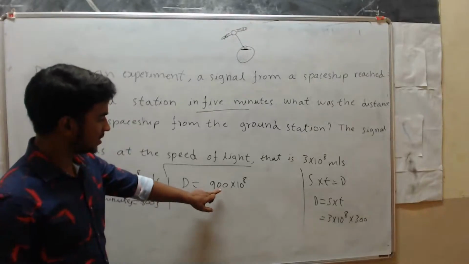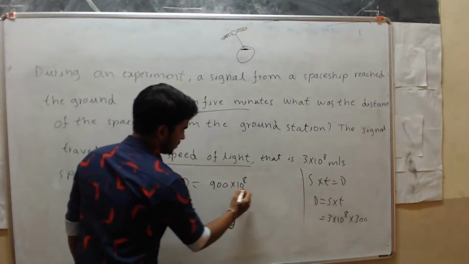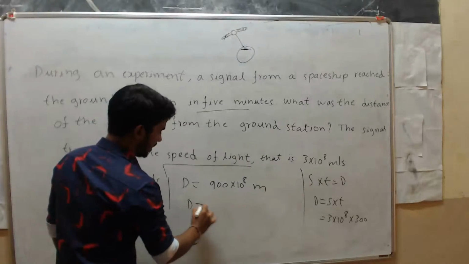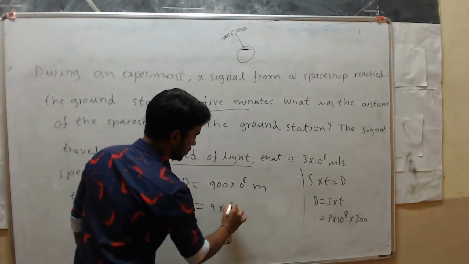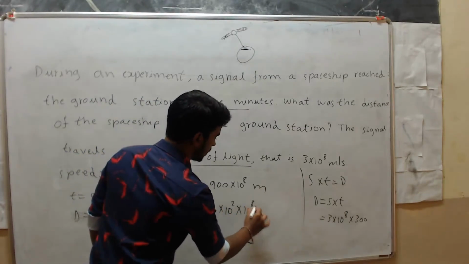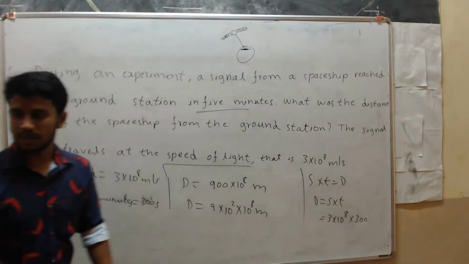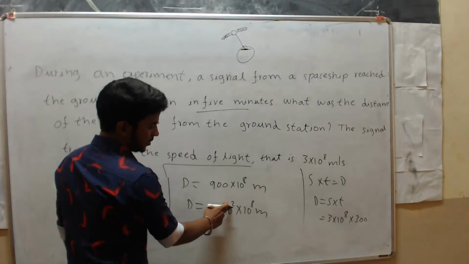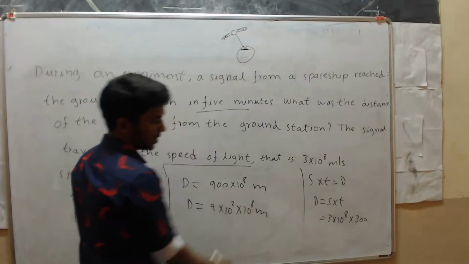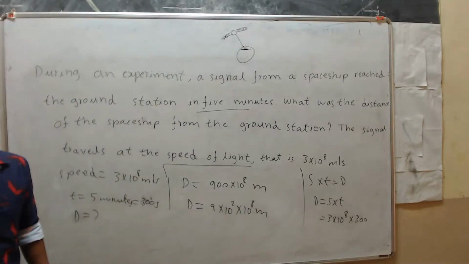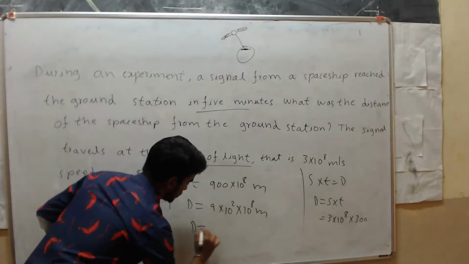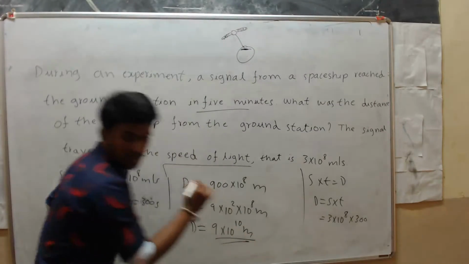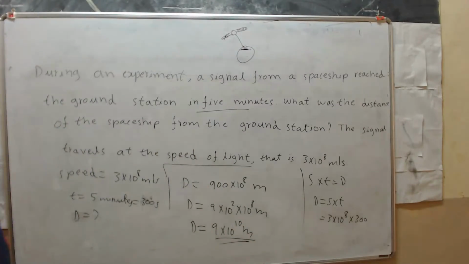So we can write this 900 as 9 into 10 raised to the power 2, into 10 raised to the power 8. Clear? Now we can write that a to the power n into a to the power m is equal to a to the power m plus n. So distance is equal to 9 into 10 raised to the power 10 meter. Okay, so this is the answer.